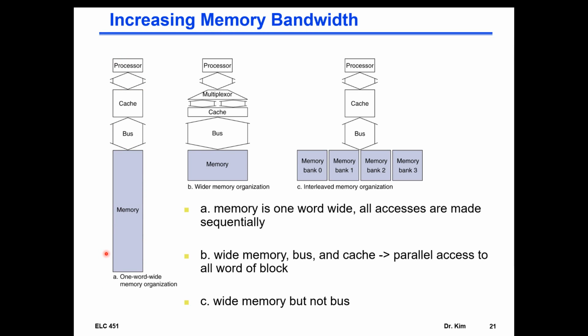So let's look at that. How do we increase memory bandwidth because DRAM is so slow?